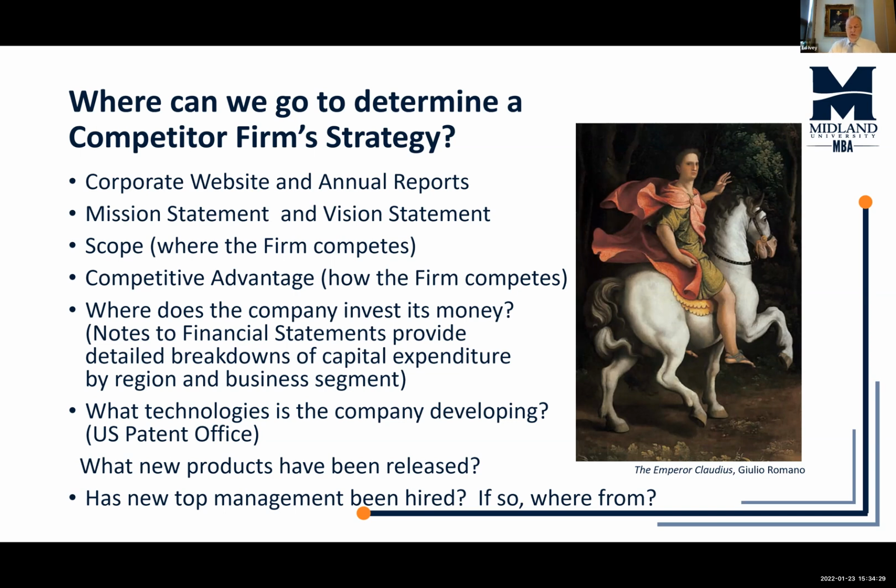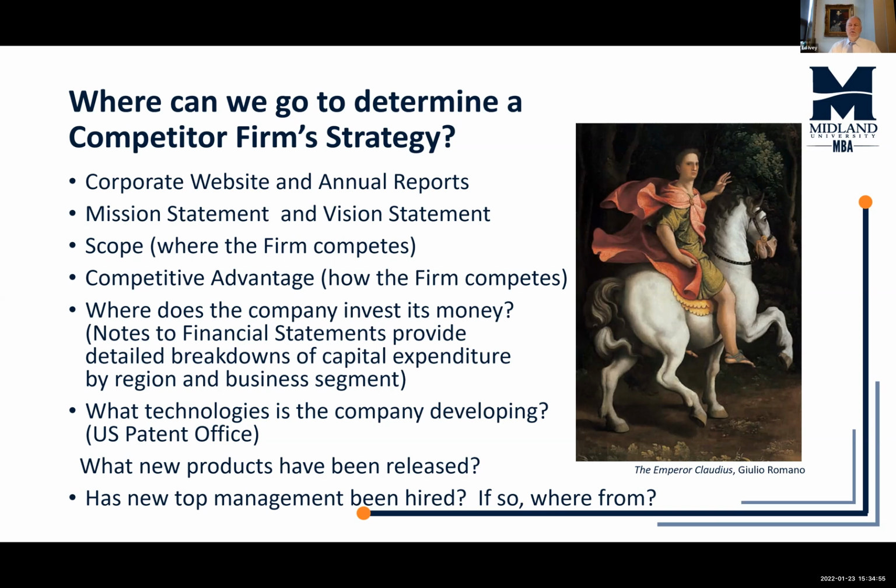Look at the technologies that the competitor is developing. So look at what patents they have received. When we look at the new products that the competitor is creating, where are those products?